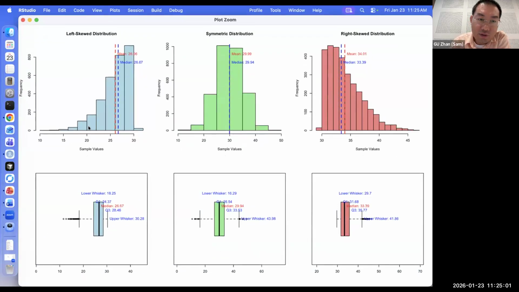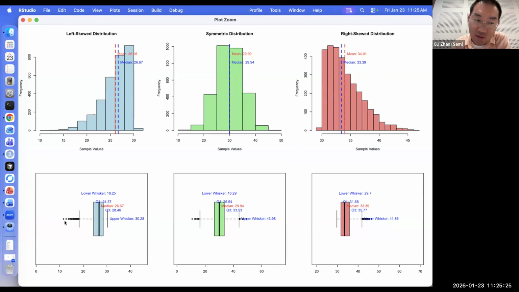For the left skewed distribution, your mean value will generally be lower than the median value. For the symmetric ones, the mean and the median value are very close. For the right skewed, the mean value is generally higher than the median value. And the below three are the corresponding box plots.